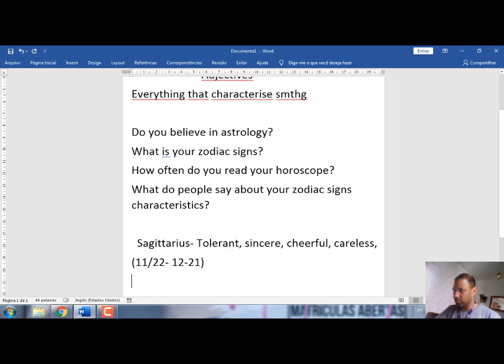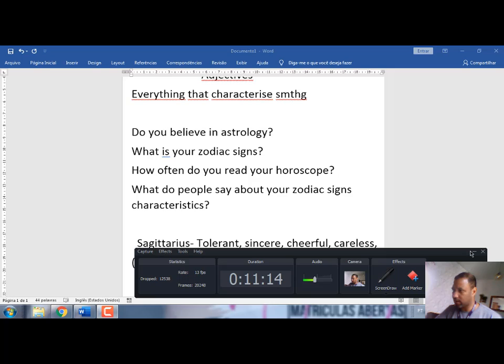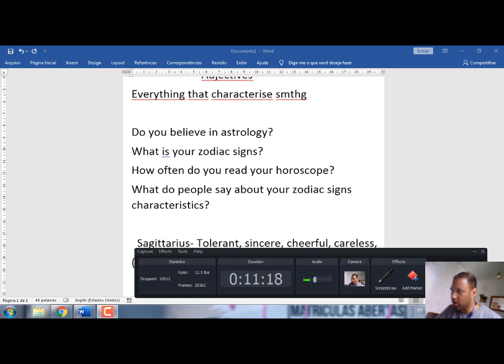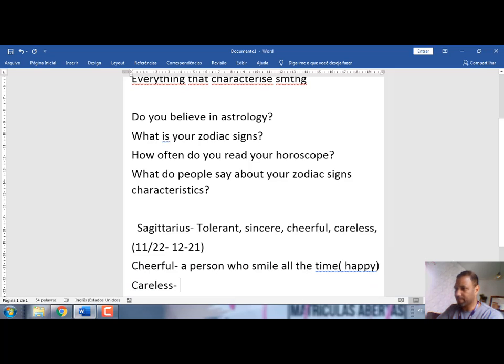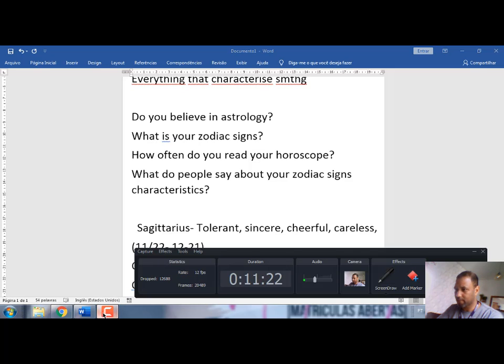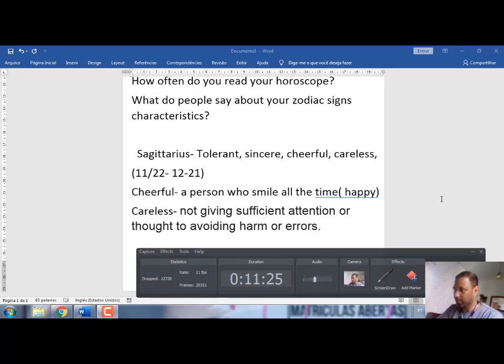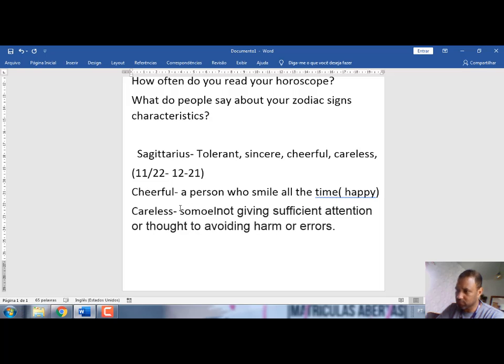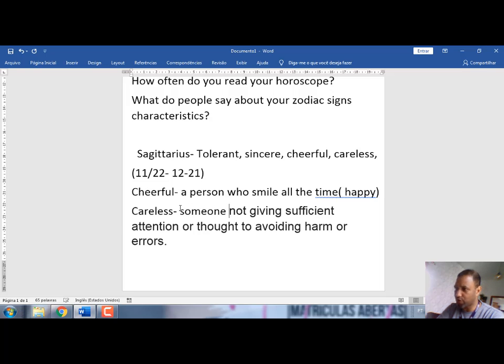So, do you know what tolerant means, right? Or sincere and cheerful. Do you know what cheerful means? Careless is someone, all right, pay attention if you are like this.